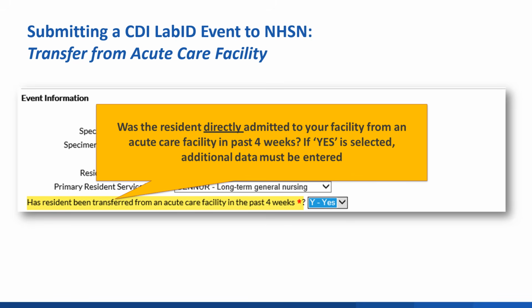Otherwise, select no. If yes is selected, 2 additional required questions will populate for the user to answer. The date of last transfer from acute care to your facility, and was the resident on antibiotic therapy for this specific organism type at the time of transfer to your facility.